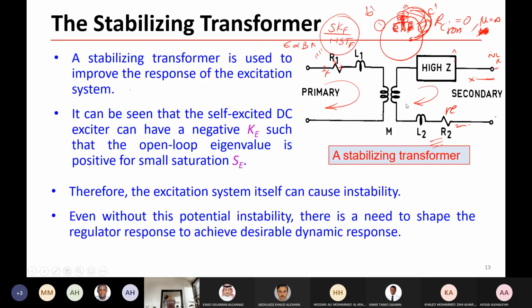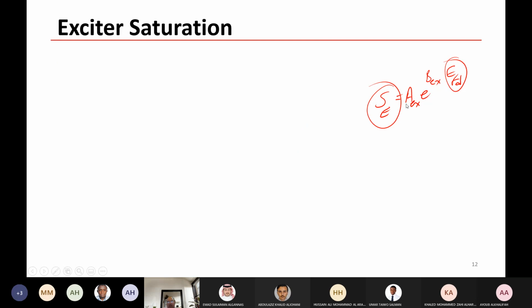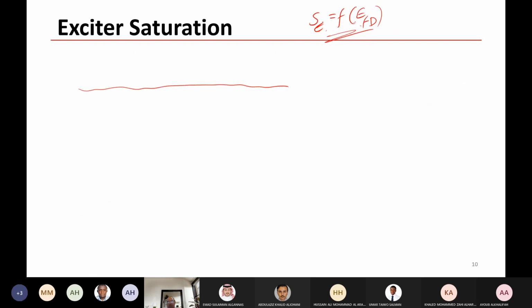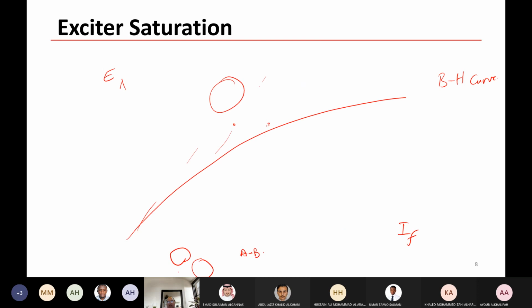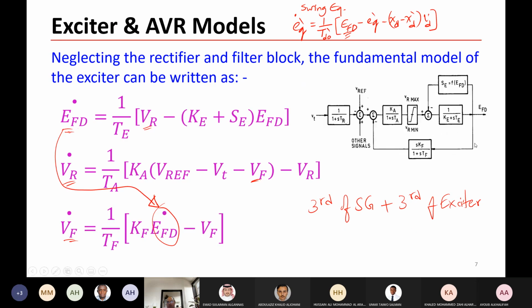This is what we have in the block diagram. The input of the stabilizing transformer is EFD, this is the input, and this is the output. This is the secondary of the stabilizing transformer, and this is the primary.